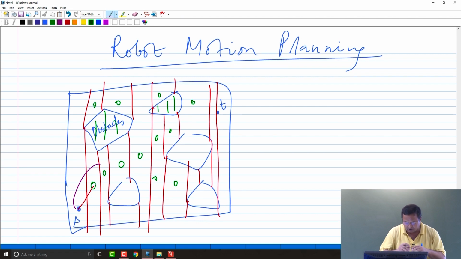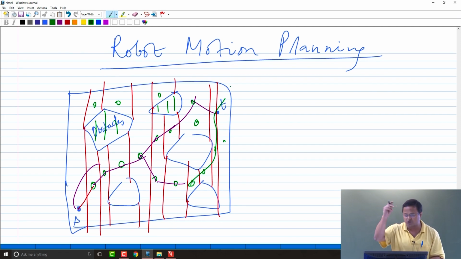So, the point is, on this planar decomposition of trapezoids, by assigning vertices to each trapezoid, you can move from one to the other, and you can form this graph, and on this graph you can do your favorite BFS to reach there.